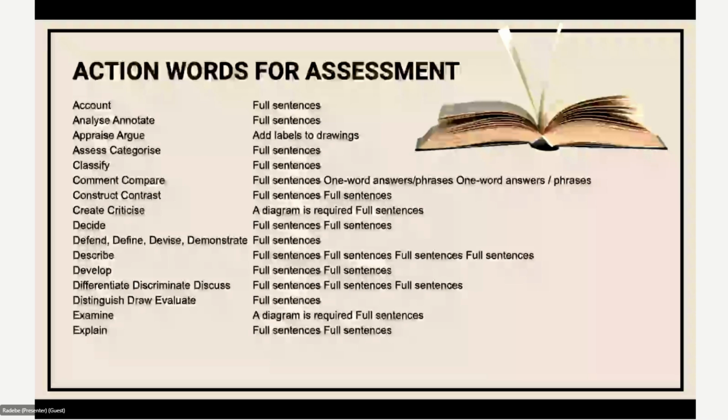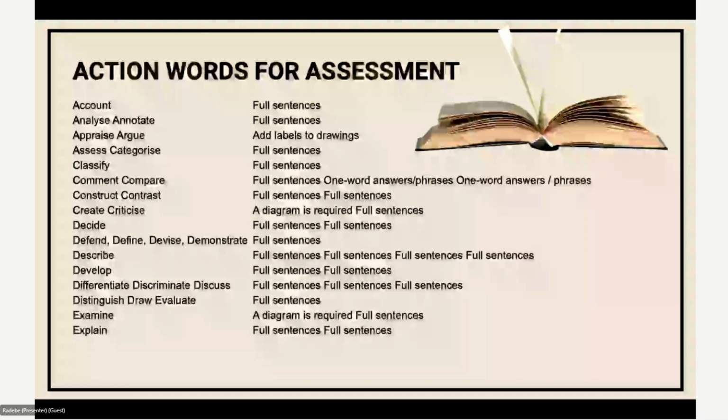So these are the concepts that you should make available to your learners, so that they know what is expected of them when the question says criticize. When the question says distinguish, what is expected of them to do? Classify, what is expected of them to do?